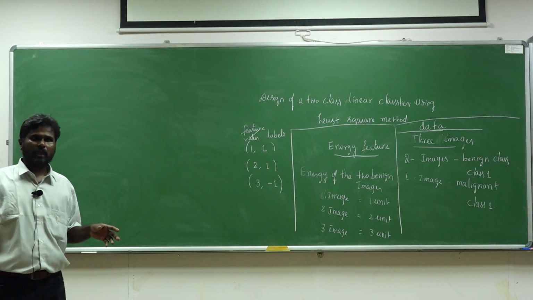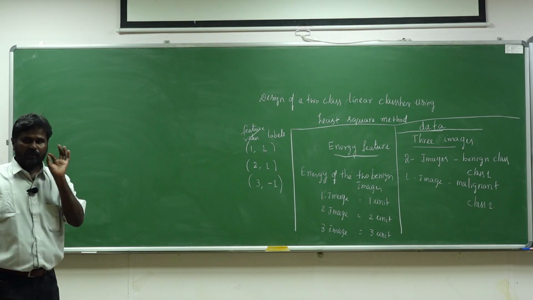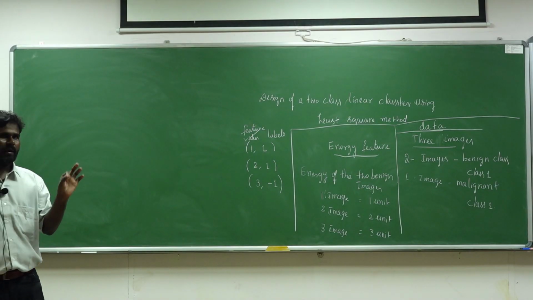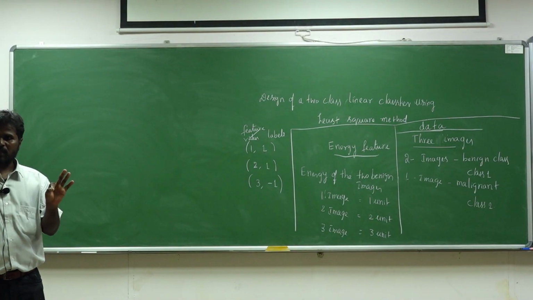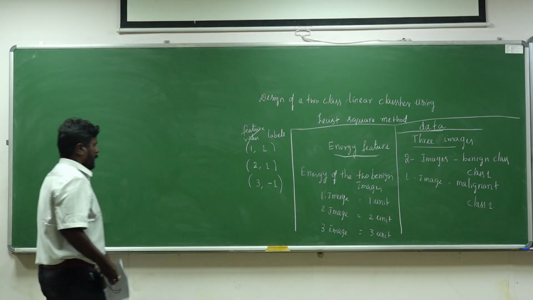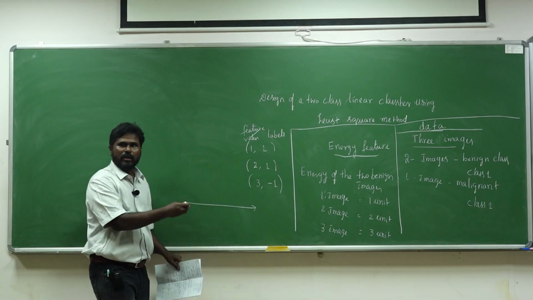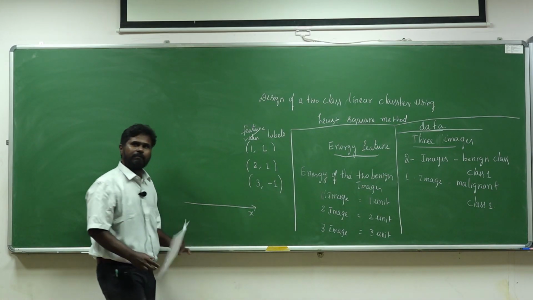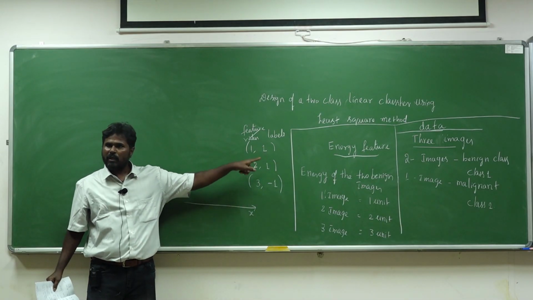Only a single feature, so the feature space is a one-dimensional space. Let us depict these points on the feature space. Let's say this is the feature variable, which takes the energy of the images.